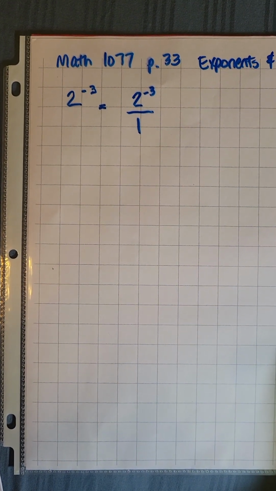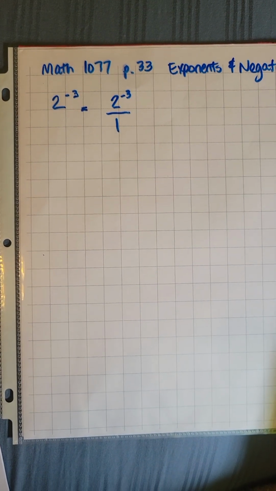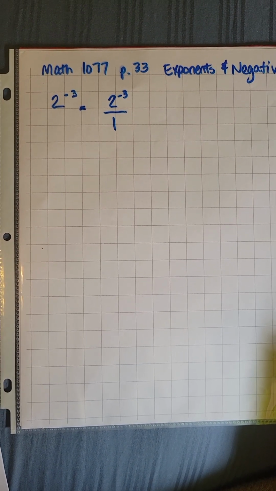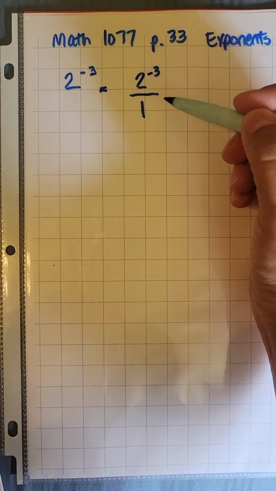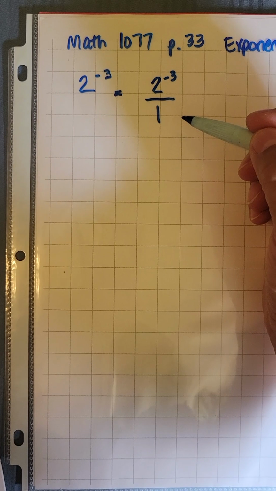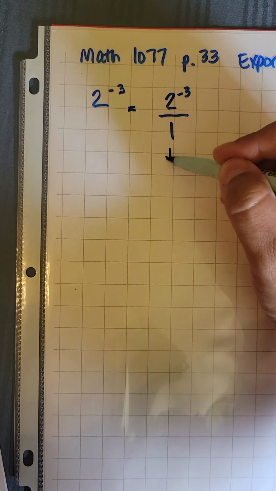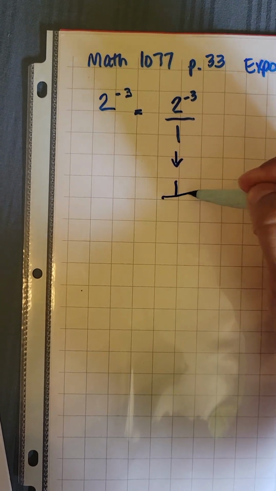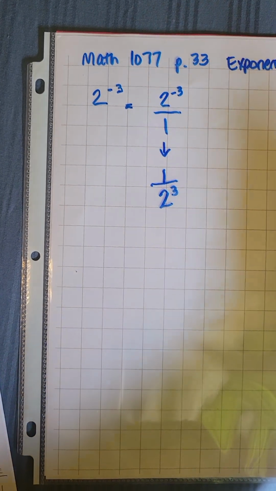So to make this positive, we need to invert the base so the exponent becomes a positive. So from here, we're going to flip it. We're going to invert it. And it now becomes 1 over 2 to the third power.